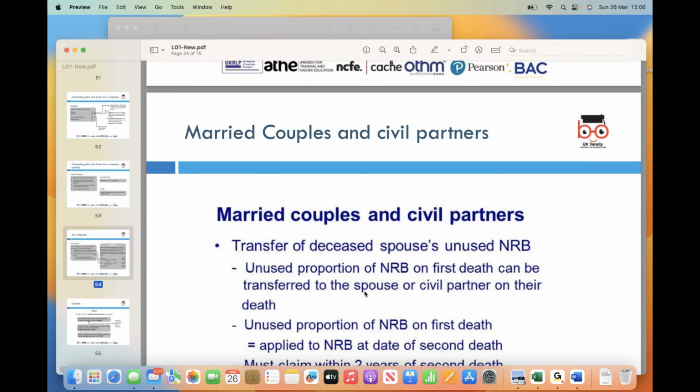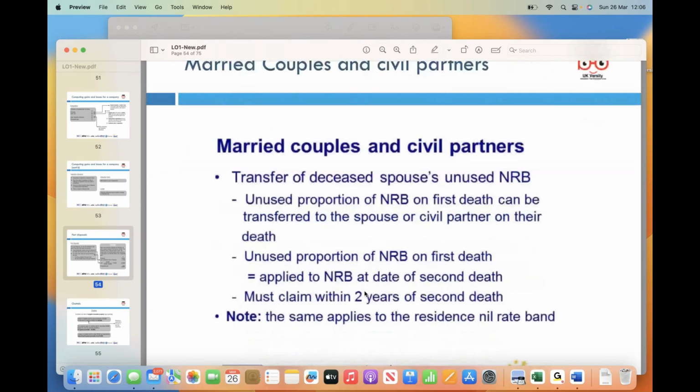At the date of second death, the unused proportion of the nil rate band on first death is applied to the nil rate band at death of the second death. You must claim within 2 years of second death. The same applies to the residence nil rate band.